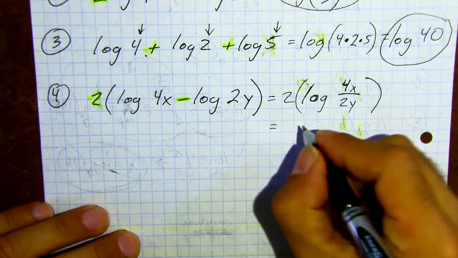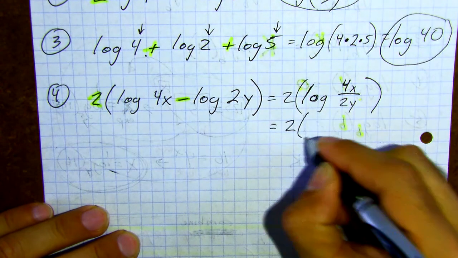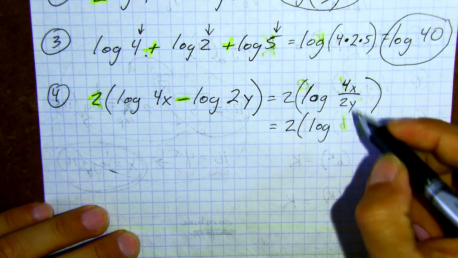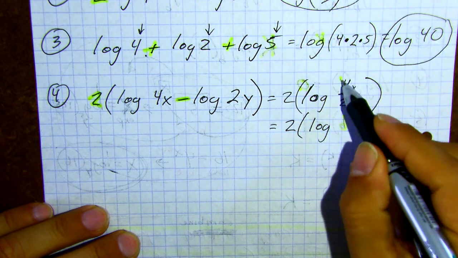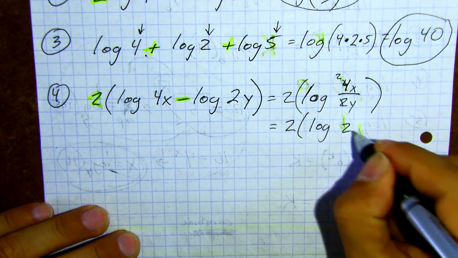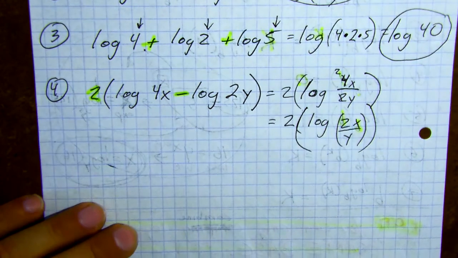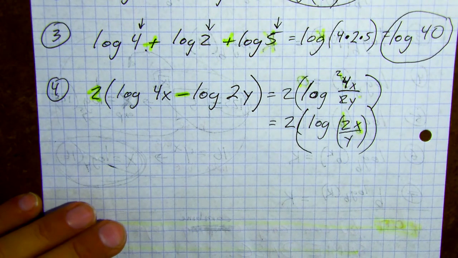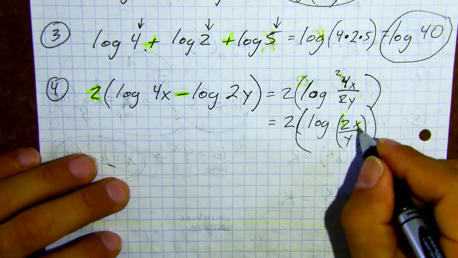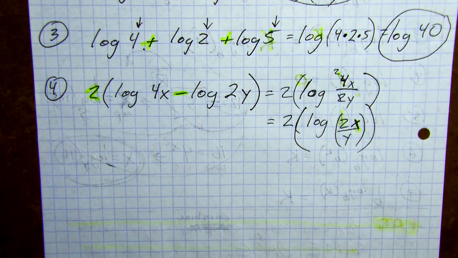And you know what? Here is where I'll let you know you can reduce right here. I'm going to reduce this 4 and 2, and it ends up being 2x over y. Okay. So you can reduce midway. Once you get that fraction, you can reduce any fraction.